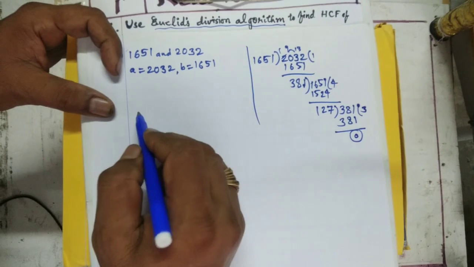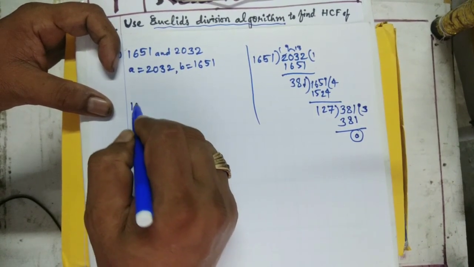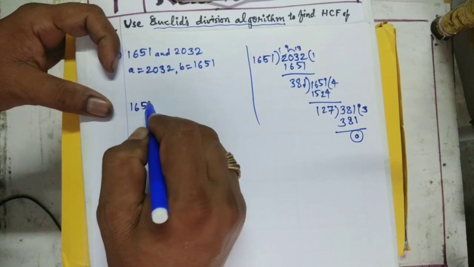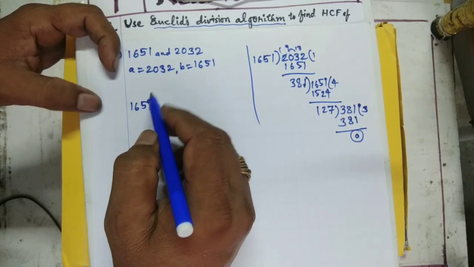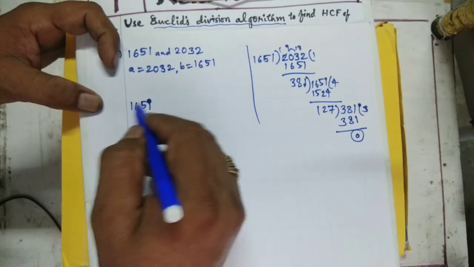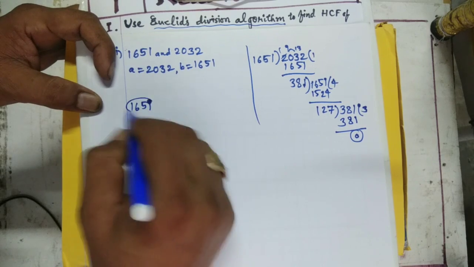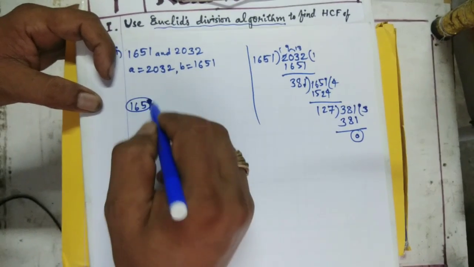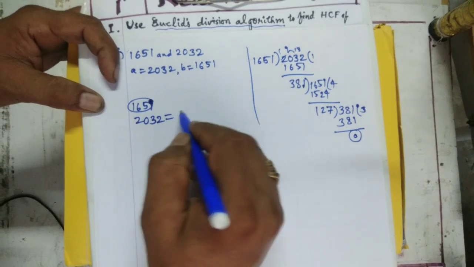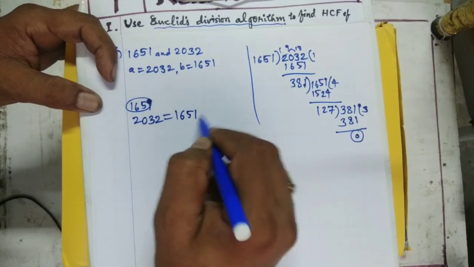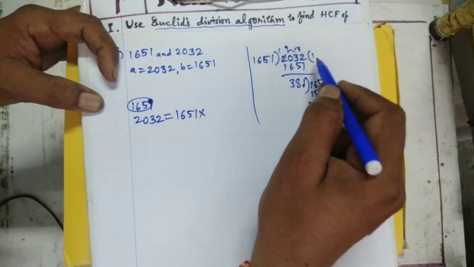So we can write like this: 2032 is equal to 1651 into 1 plus remainder 381. Dividend is divisor into quotient plus remainder.